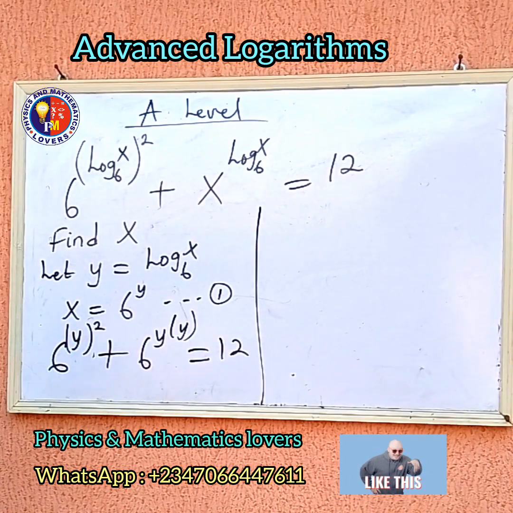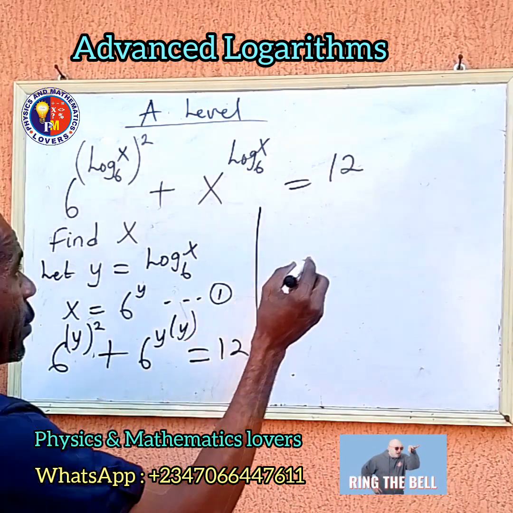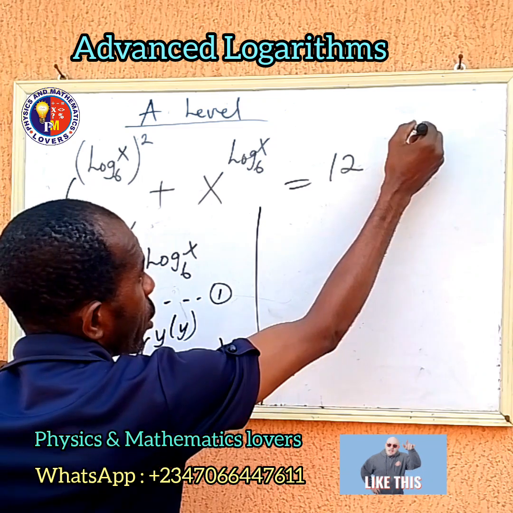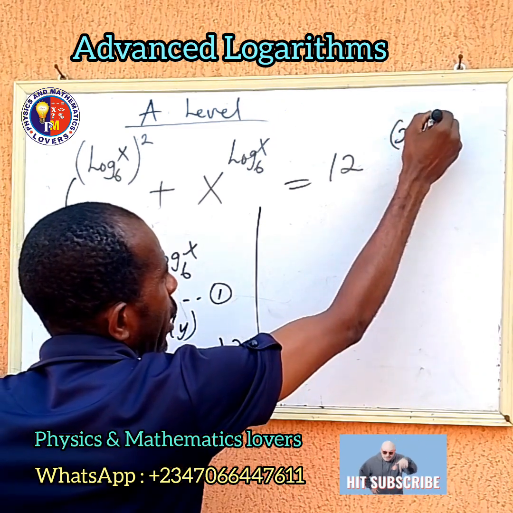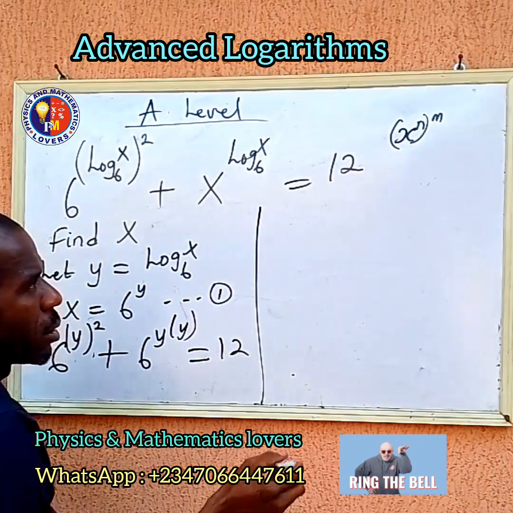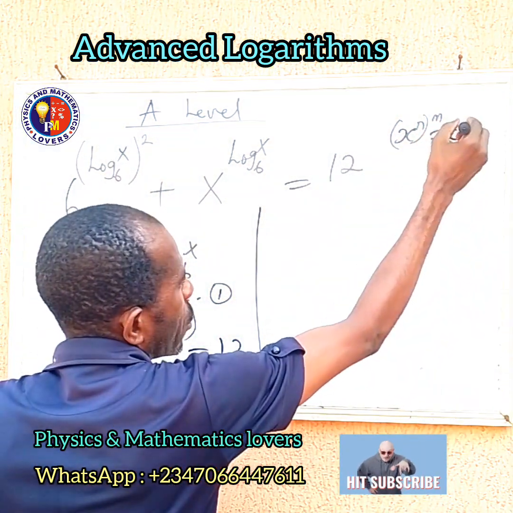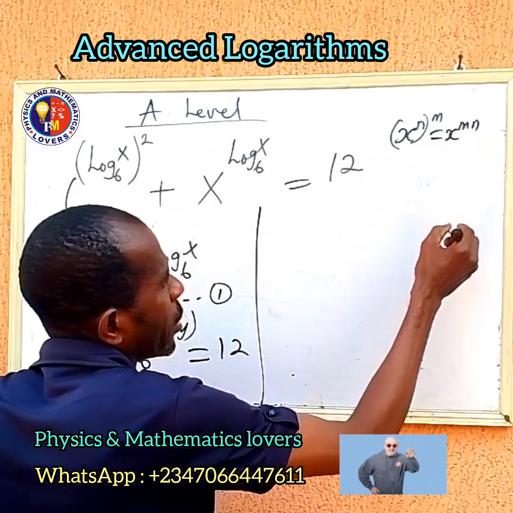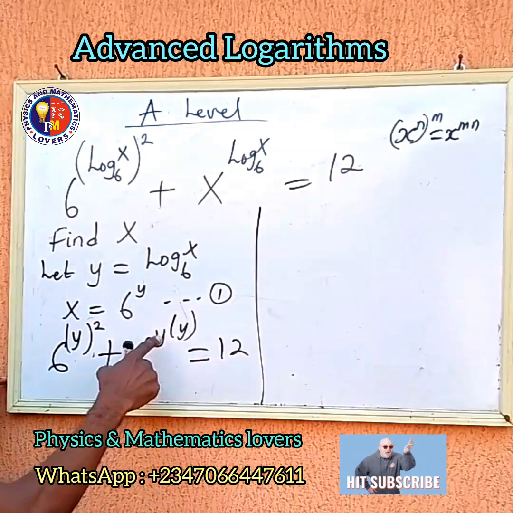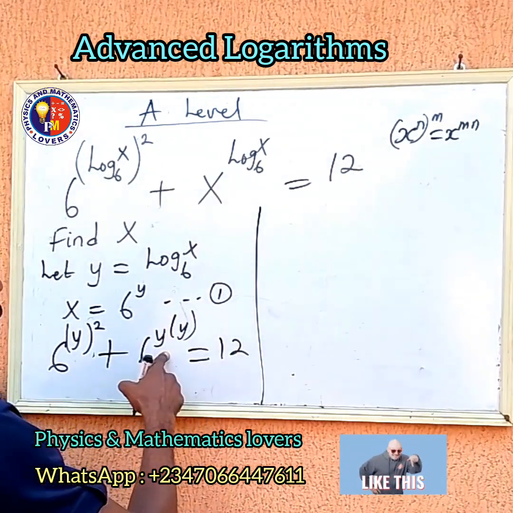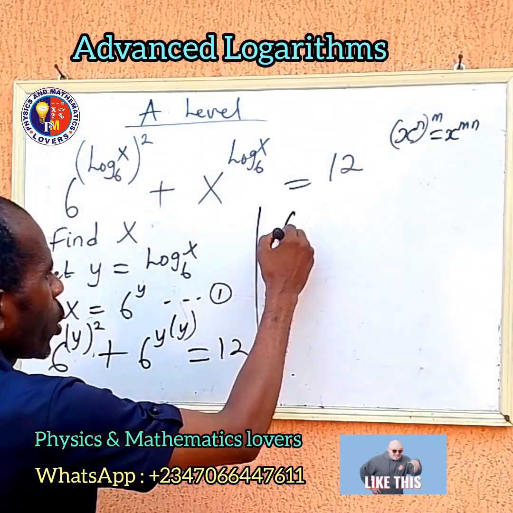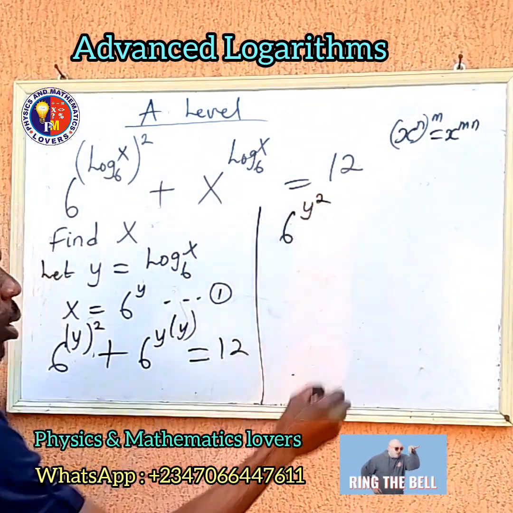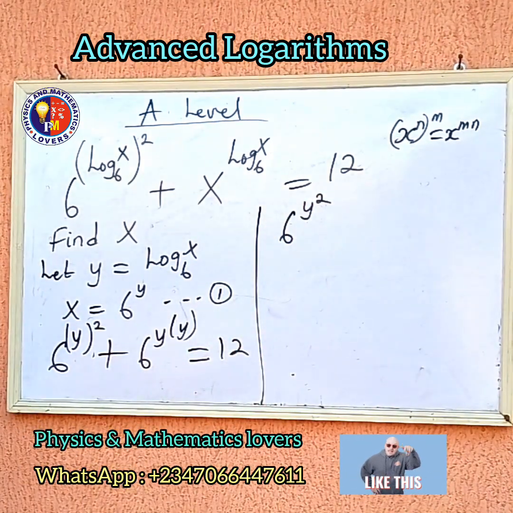Now, remember in indices, if I have x raised to power n, having m outside, it means x raised to power m times n. So this here will give us 6 raised to power y squared.